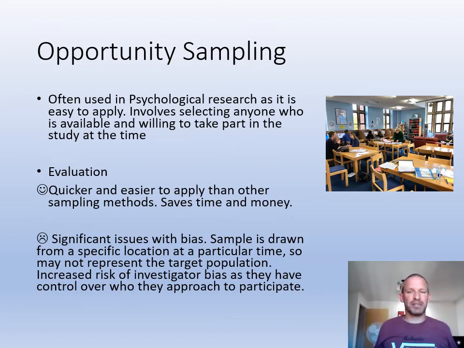If you've got a snapshot of, well, they would have had a snapshot of psychology students, there might be something fundamentally different about psychology students to other students. Now, if you want to generalize this, it's unlikely they were investigating the views of psychology students on something. They probably want to generalize it to students full stop. That's quite a problem.